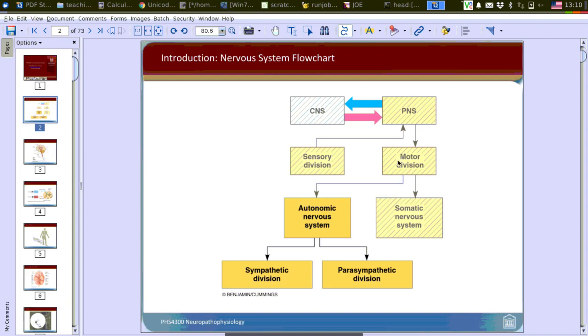The central nervous system not only controls limb movements, but it also controls the internal organs. That is done again through efferent projections in the peripheral nervous system that go through the motor division, but form part of the autonomic nervous system, which includes a sympathetic division and a parasympathetic division. We'll cover these in greater detail later.